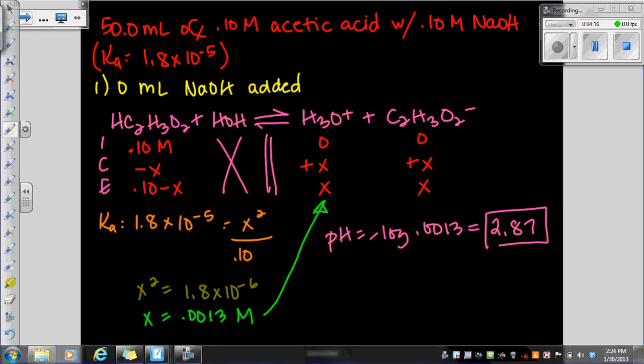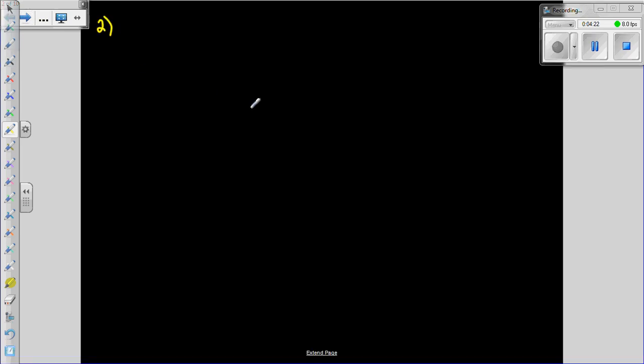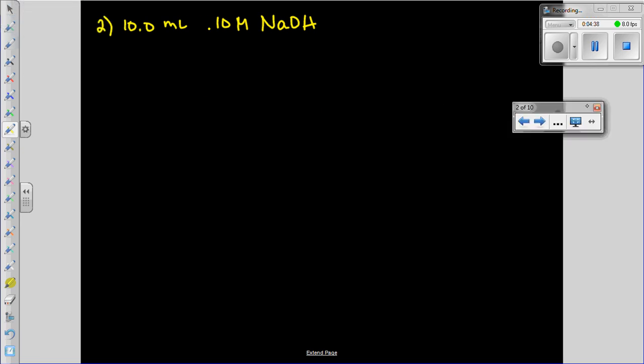Okay, so now I want to add some sodium hydroxide. My second situation is where I've added 10 milliliters of 0.10 molar sodium hydroxide to that existing acetic acid solution. So I'm going to move this over here because I want you to be able to see this.